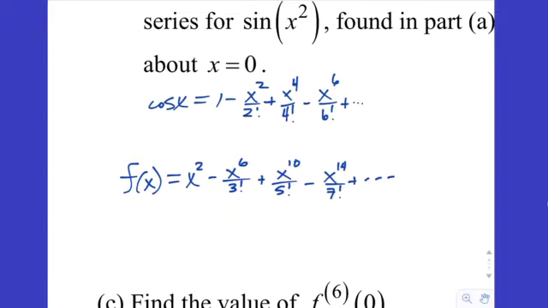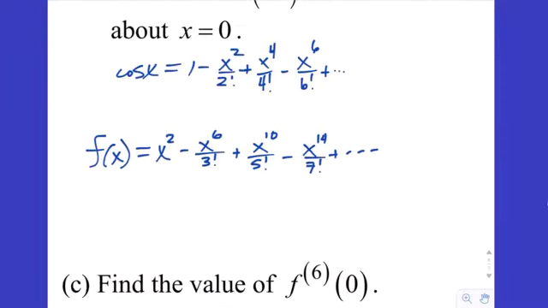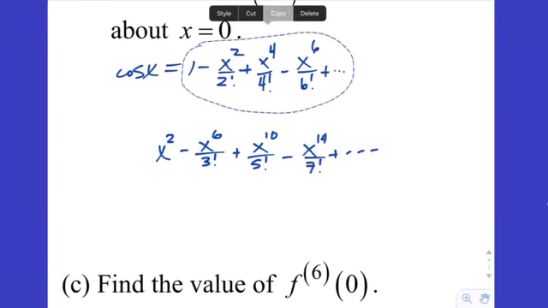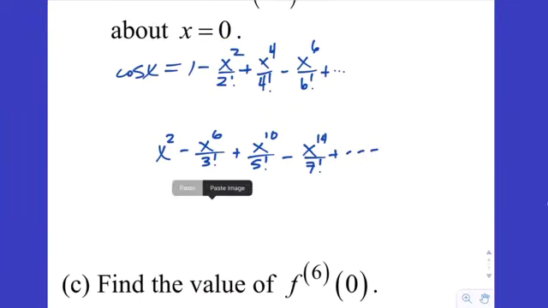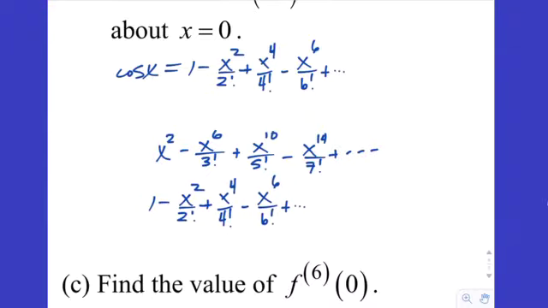Like that. And then I can paste it. Actually, let me get rid of this f of x first. Because if I just paste the cosine one on the back end of it, that would be okay, plus dot, dot, dot, plus dot, dot, dot. But in this case, if I leave the f of x off, I could actually do this, and I can write it underneath that one.